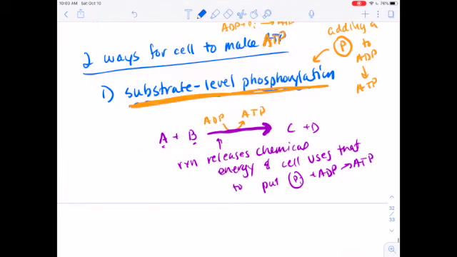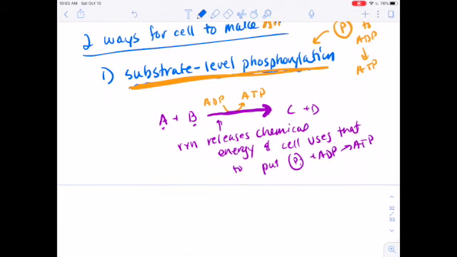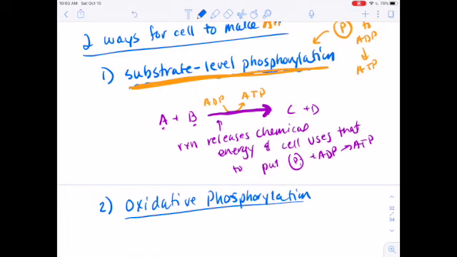The other way that the cell makes ATP, boatloads of it, is through not substrate level phosphorylation, but oxidative phosphorylation. I can't spell other words, but I can spell phosphorylation. Here we go. Oxidative phosphorylation.